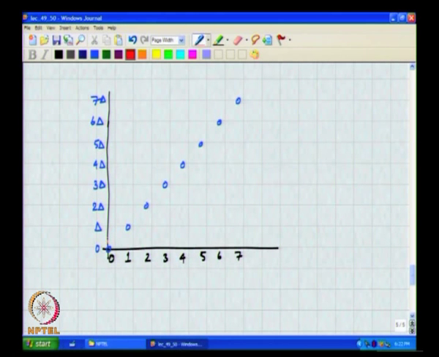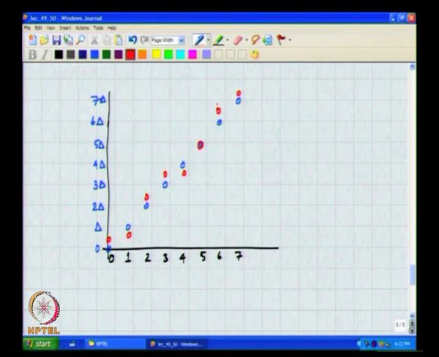So, the outputs may be deviating from their ideal values in this fashion, all right.